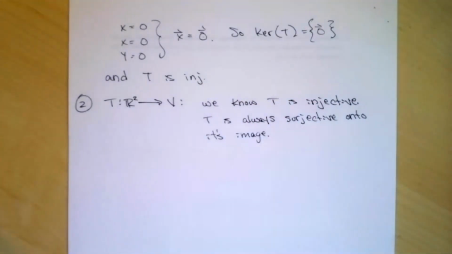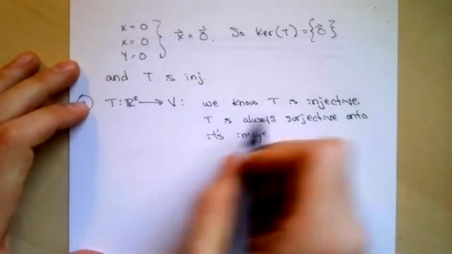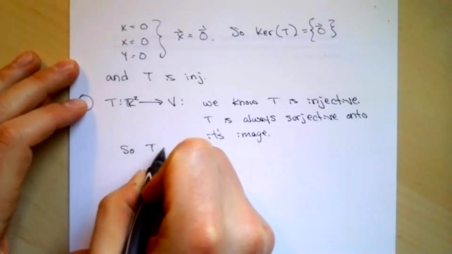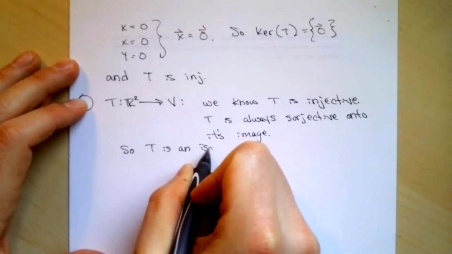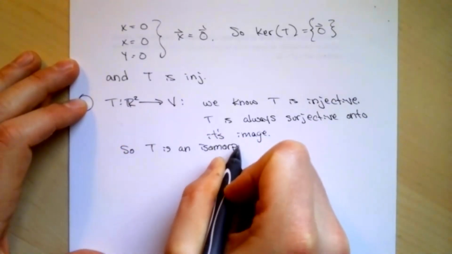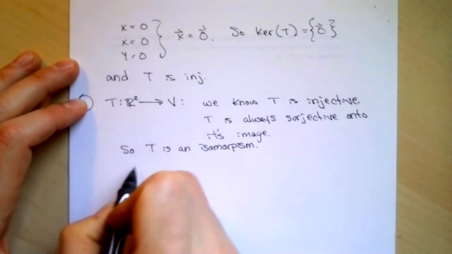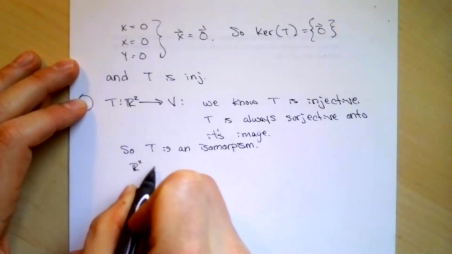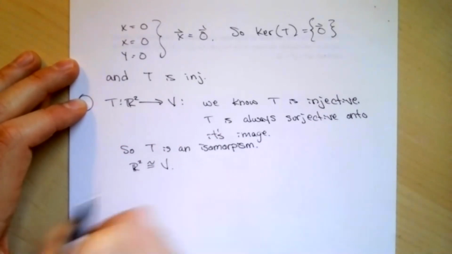That is essentially the definition of the image, right? The image is the set of all vectors that T will hit. So we know T hits everything in the image, which means it's surjective onto that. I don't really want to write that out mathematically. You should kind of understand why that's true. Fairly basic concept. So T is an isomorphism. So namely our R2 is going to be isomorphic to V.